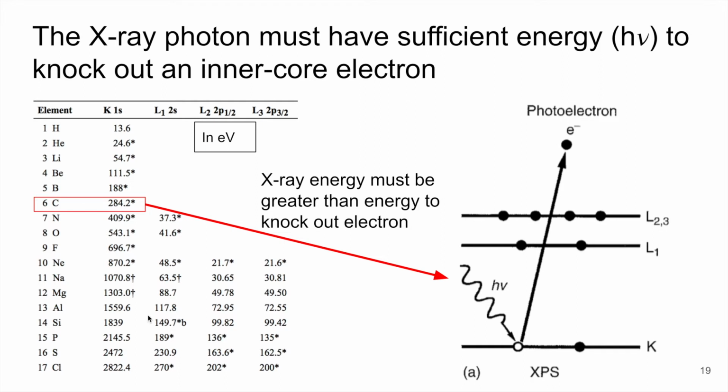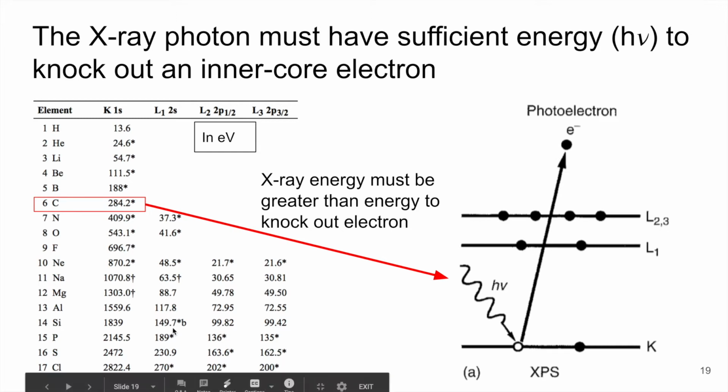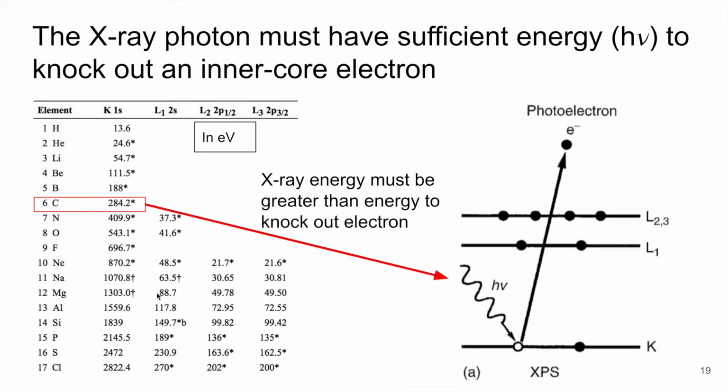So now, if we think in reverse, if we hit a material with these X-ray photons, and we get a spectrum of different energies of how much energy it took to liberate those electrons, then that energy can be tied back to the element.